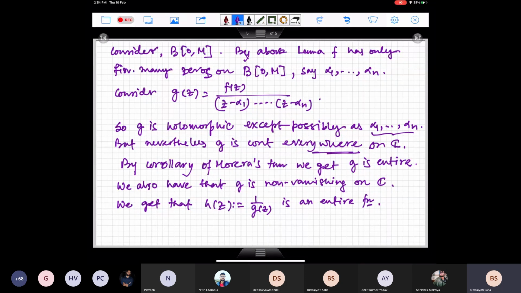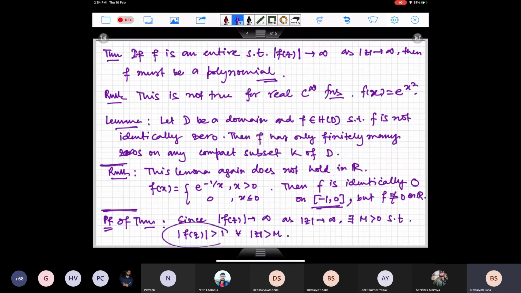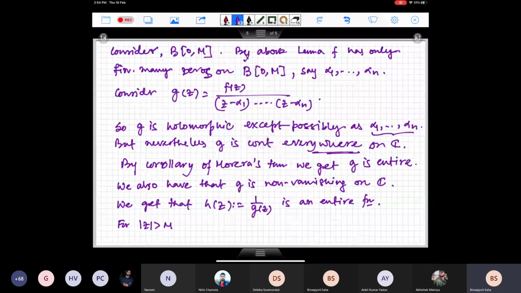Fine. Now let us try to notice what I can say about h. I have the following information. First of all, for mod of z bigger than m, my f of z was bigger than 1, and my h is defined to be 1 upon g.